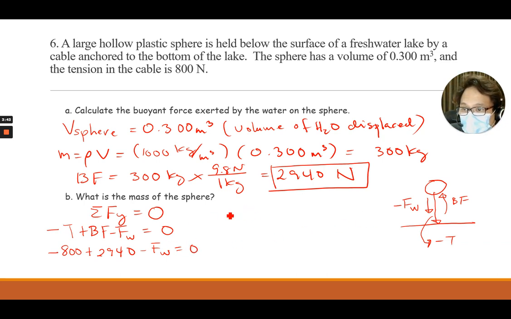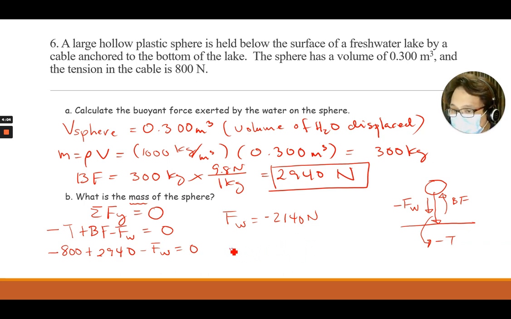So Fw would be equal to 2,140 newtons. Use your calculators. You will get negative 2,140 newtons. From here, the question asks for the mass of the sphere. We just convert this to kilograms.